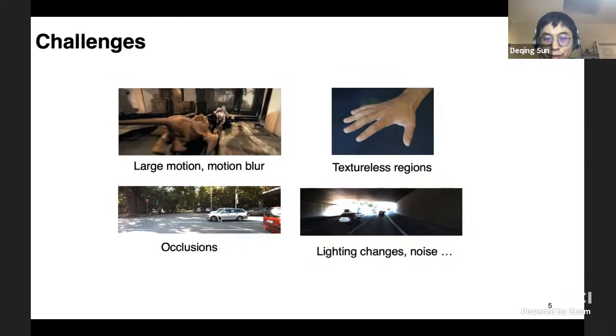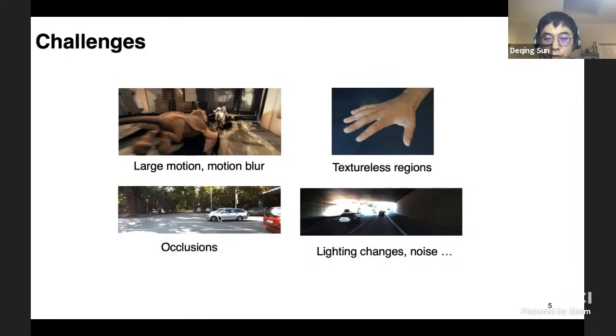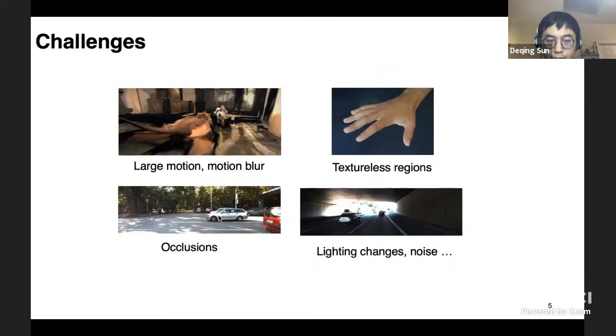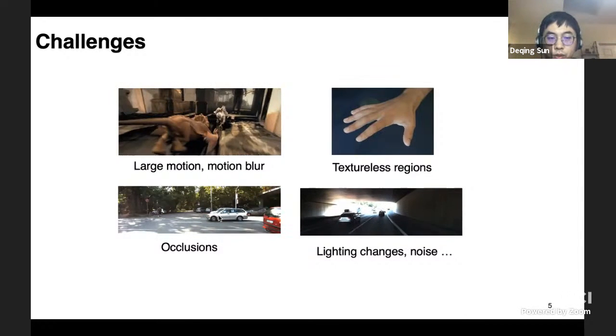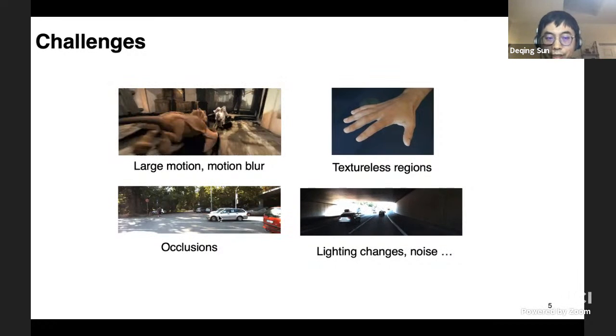But I also agree in the long term, if we want to push the field to develop networks that will work in a more general setup, we still need to figure out a way to collect the ground truth for more generic real world video.